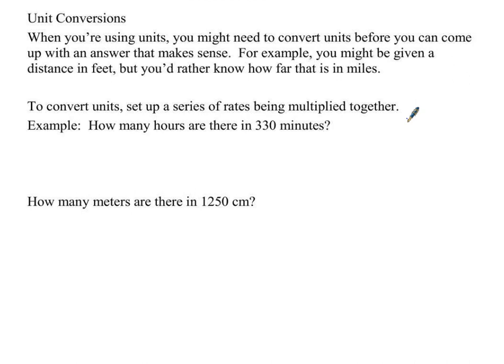So for example, how many hours are there in 330 minutes? Well, the first thing we need to do is realize that we're looking for hours and we're given the thing in minutes. So, set up the problem. We're given 330 minutes. 330 minutes. And I'm going to put it over 1 because I need a rate.